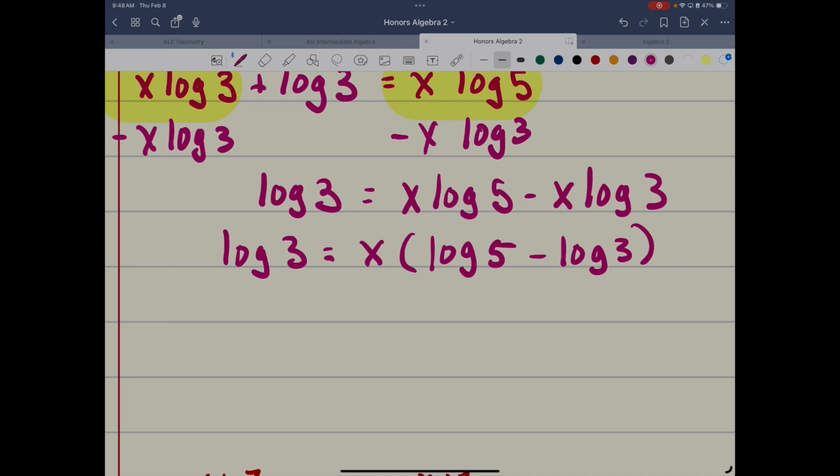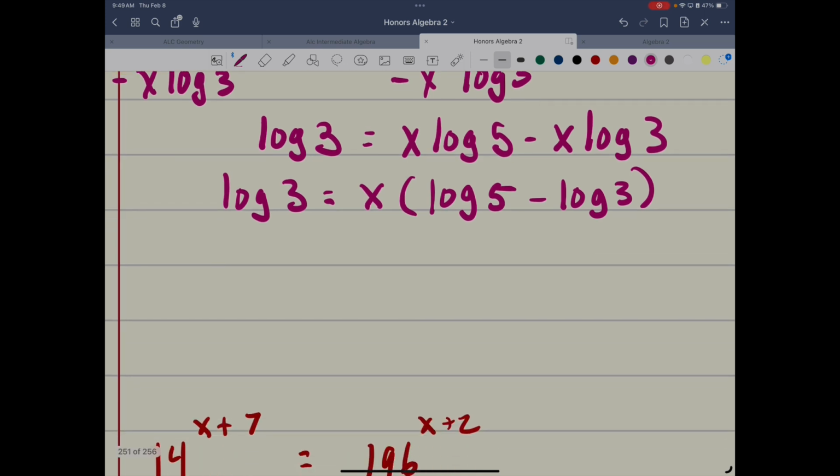We have to solve for x. When you put two things beside each other, it means to multiply, right? So how do you get rid of multiplication? Divide. So now I'm going to divide both sides by log of 5 minus log of 3.